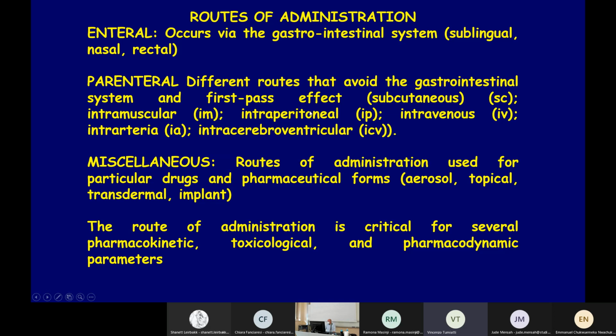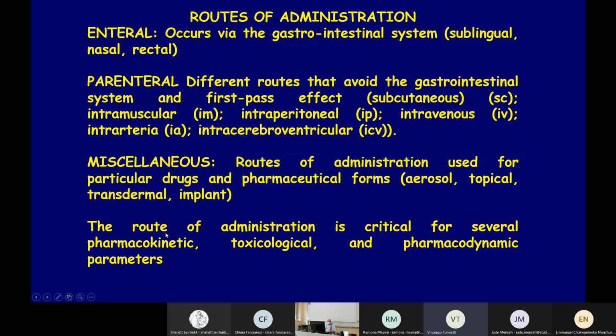Parenteral, by injection, mainly by injection. Miscellaneous: aerosol, topical, transdermal, implants. There are specific implants, for example, to deliver insulin, an important hormone. And so there are several technologies in this field.